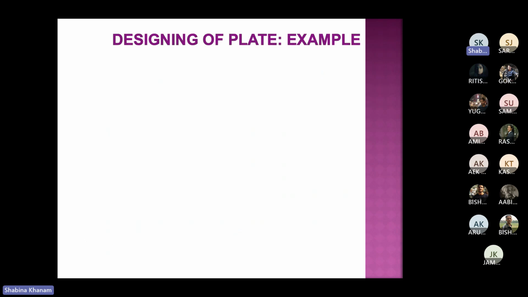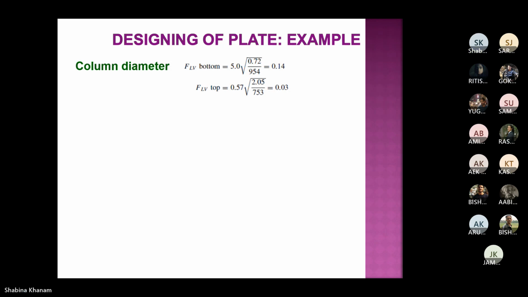Okay, so let's start this example. The first step is to find out column diameter, and as I have told you, column diameter is the only parameter which does not depend on the location. Otherwise all parameters are location dependent. Column diameter you can find from FLV.